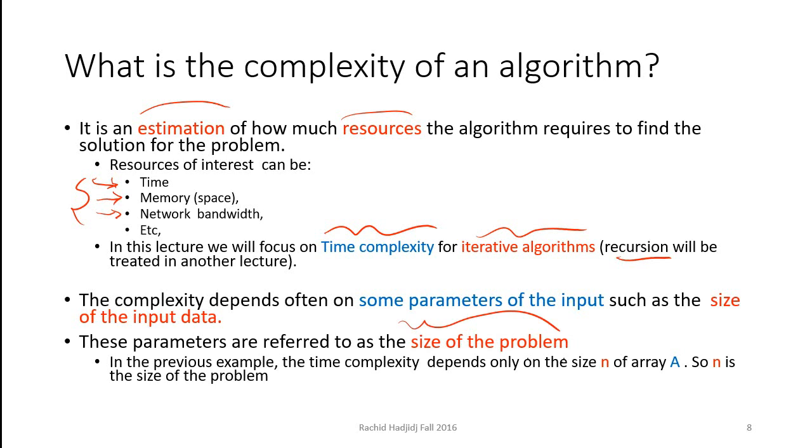If you remember, in the previous example, our algorithm was about finding the sum of the elements of an array, and the time required by the algorithm would definitely depend on the size of the array, because you need to go through all the elements and add them. So the more elements you have, the longer it takes to add them. So in this case, the algorithm depends on the size of the array n, and therefore we say that n is the size of the problem.